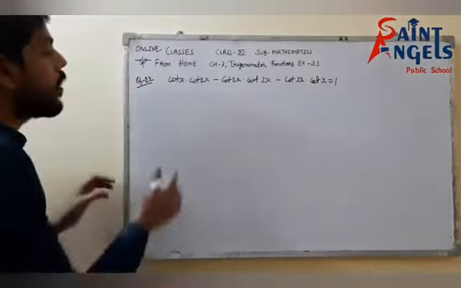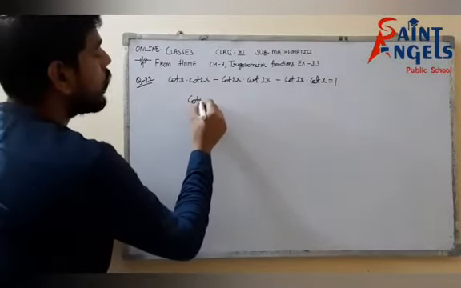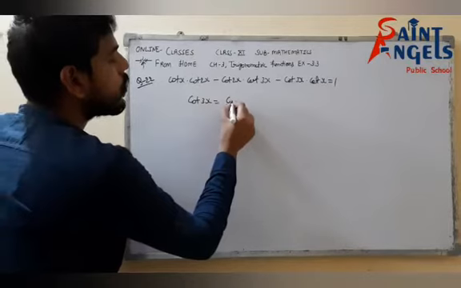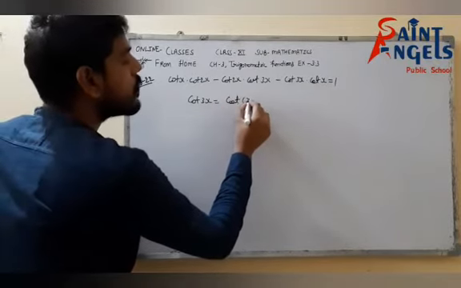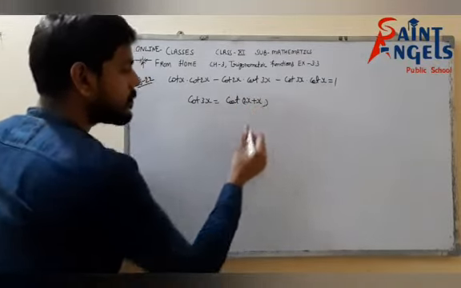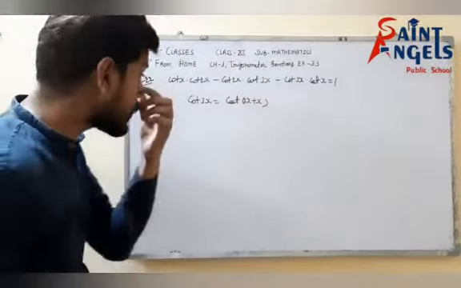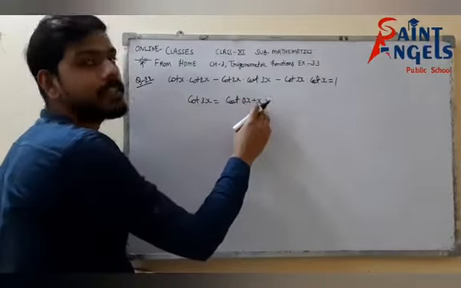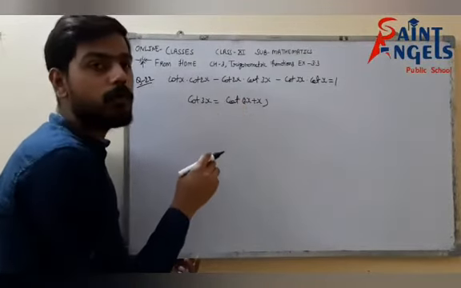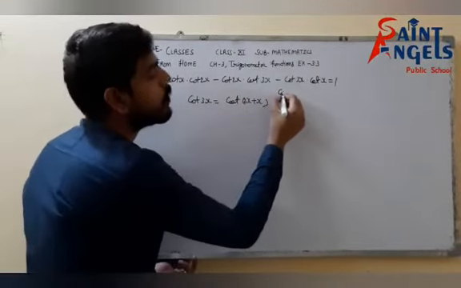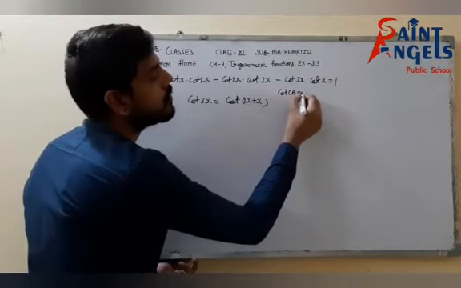Okay, we know that, can I write cot 3x as cot of 2x plus x? So here cot of 2x plus x, it means what? It is the form of the formula of cot a plus b. What was the formula of cot a plus b?